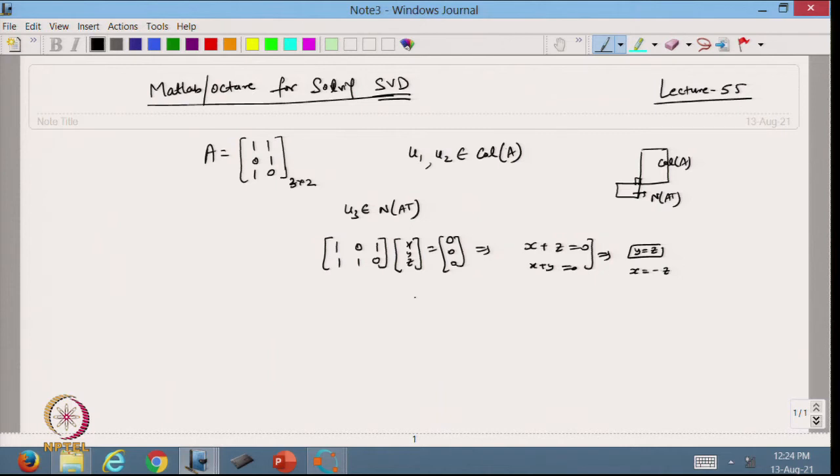Now I can choose my vector U3: y and z should be the same and x should be minus of that. Suppose I take 1 1 and minus 1, and then I have to normalize, so I divide by root 3. So I get U3.